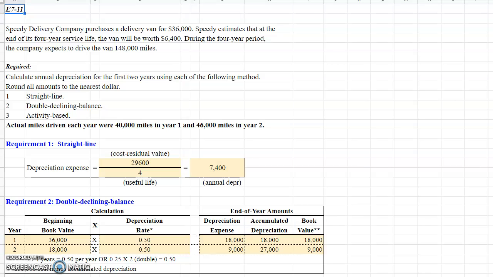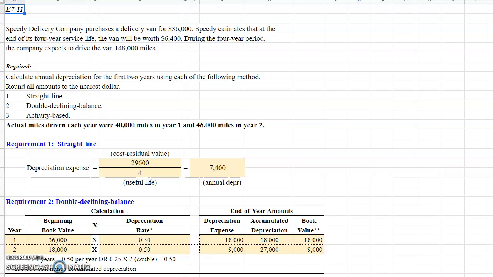Okay, so straight line, easy peasy. Depreciation expense is the amount that you paid for the van minus the $6,400 salvage value, residual value, whatever you want to call it, what you think the van will be worth at the end of its 4-year service life.